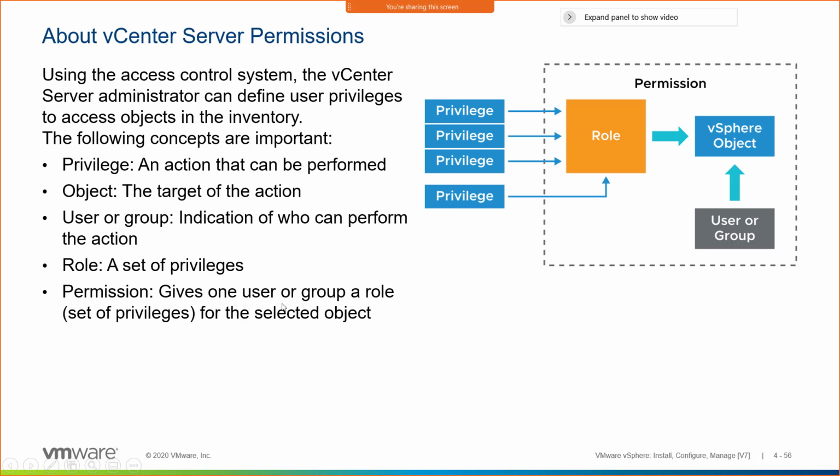Permission gives one user or group a role, a set of privileges, for the selected object, which could be a virtual machine, a host, or anything. So a role is a collection of privileges, and the role can be attached to any object, and that is called permission. You're giving permission to someone.